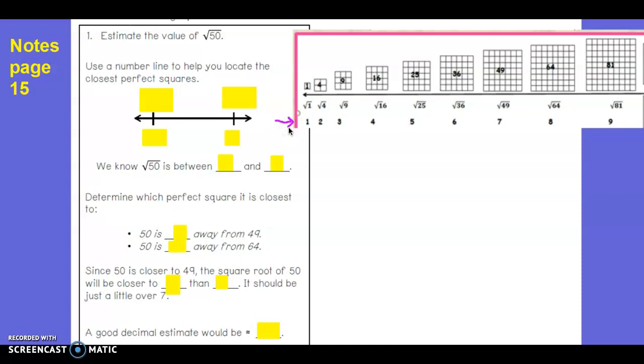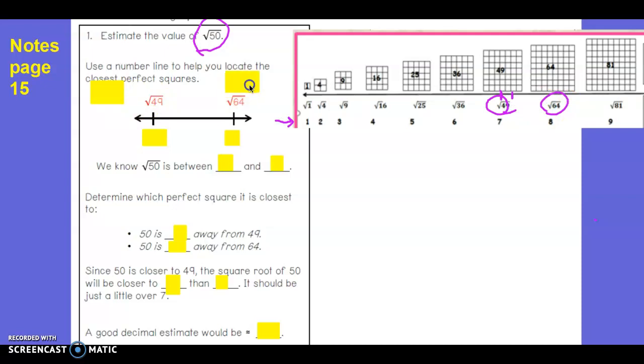Now we want to estimate the square root of 50. So let's look at where the square root of 50 would fall along this number line that has the square roots and numbers on it. If the square root of 49 is here, the square root of 50 would be right next to it, and it would be in between the square root of 49 and the square root of 64, somewhere in between these two numbers.